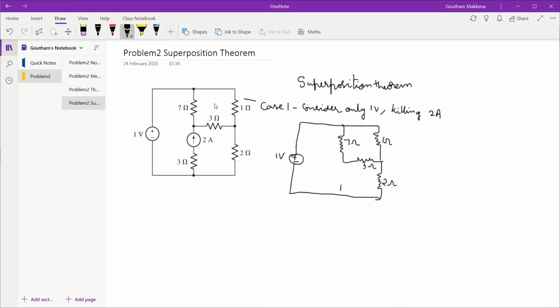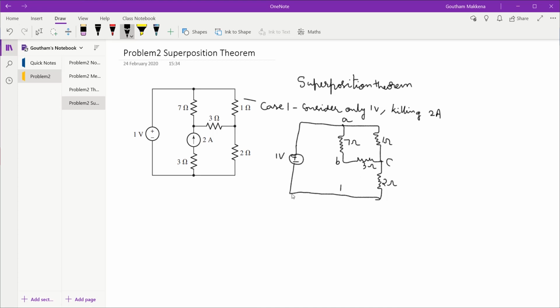Remember, my objective is to solve for the current flowing through this 7 ohm resistor using the superposition theorem. Like previously, let me label them with the same names: let this be A, let this be B, and let this be C.